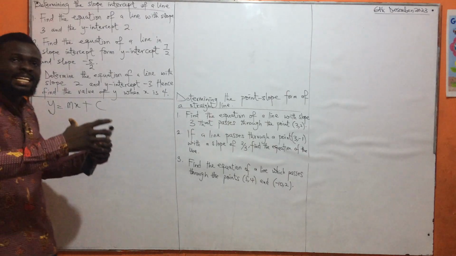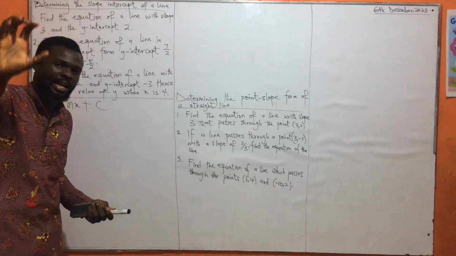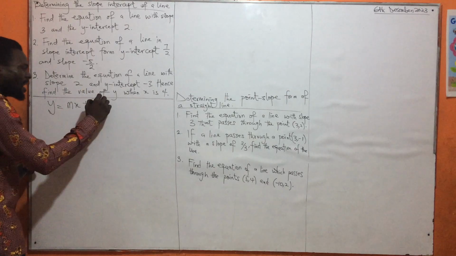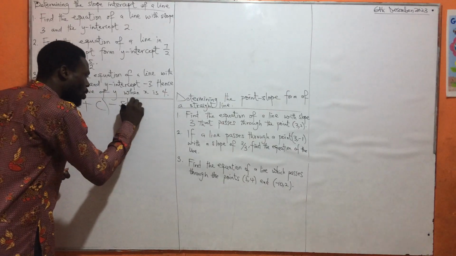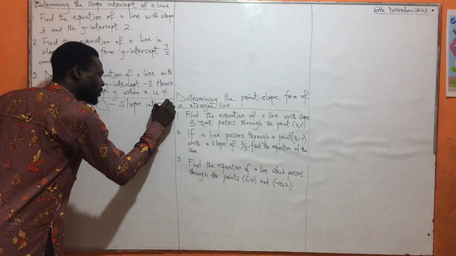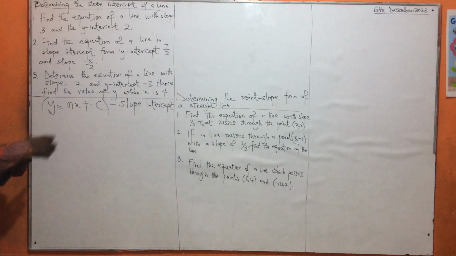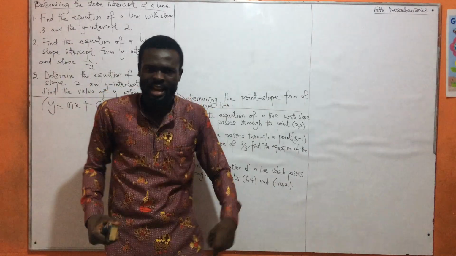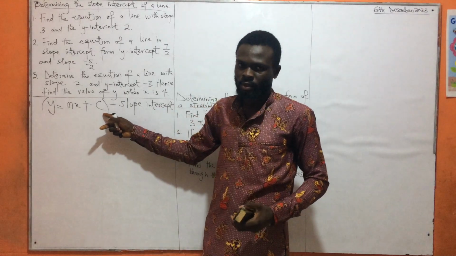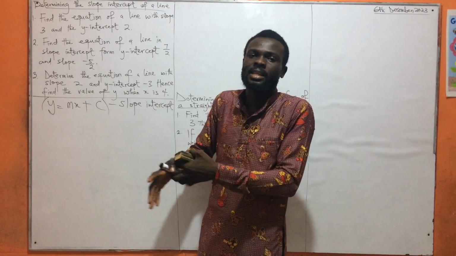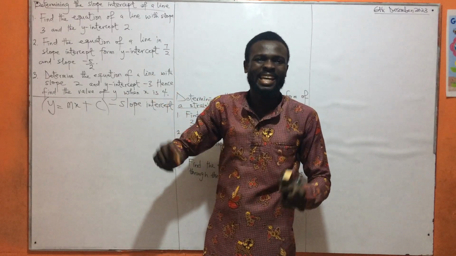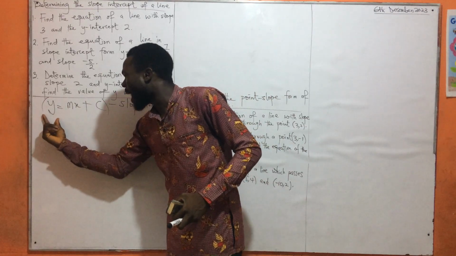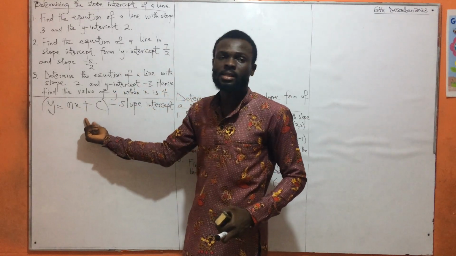The moment the equation of a line is given in this form, we say this is the slope intercept of the line.